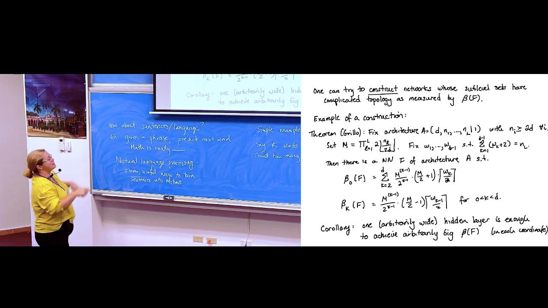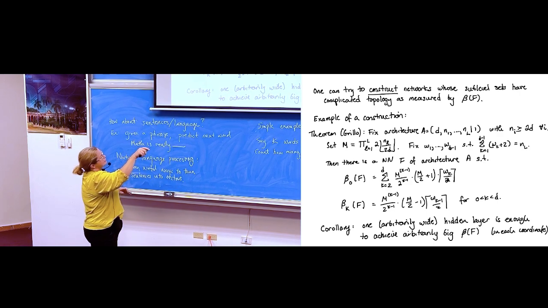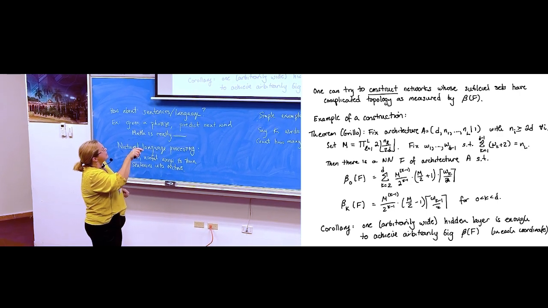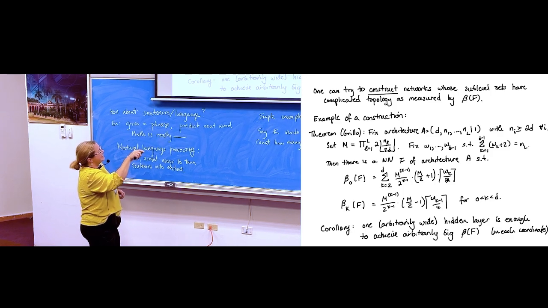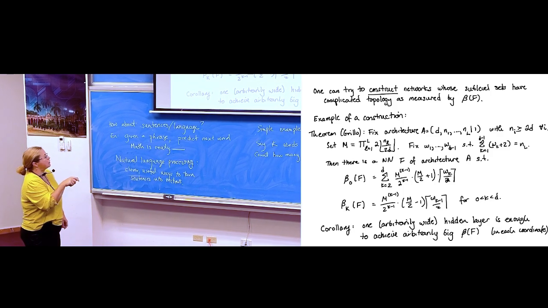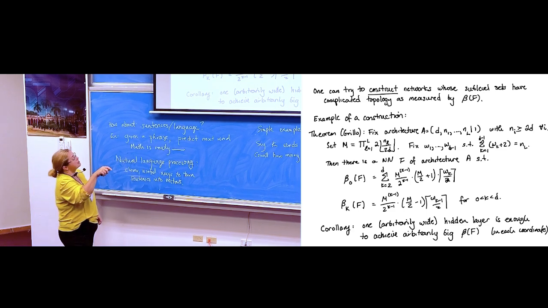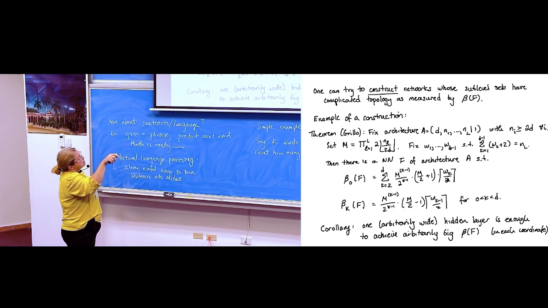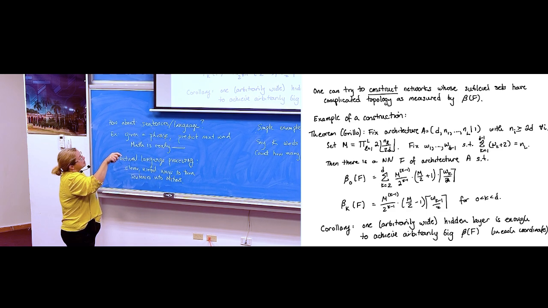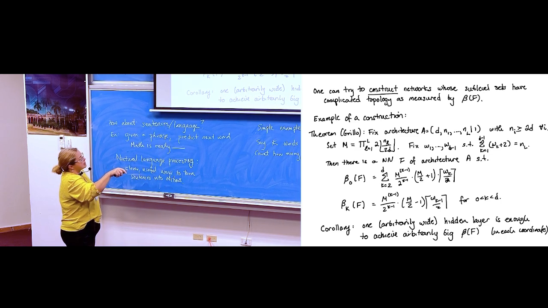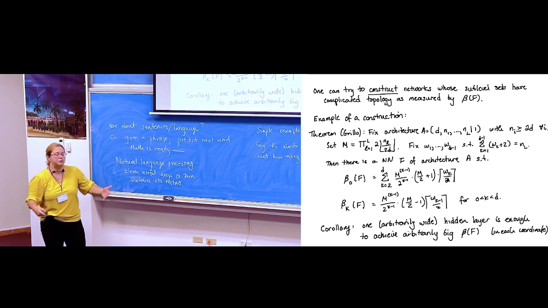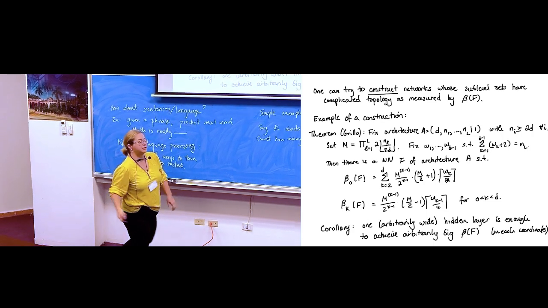I don't know what those are exactly. You can work through it, but the point is that you can make these numbers big. So a corollary is, in fact, if you only use one hidden layer, so d, n1, and then 1, if you make that n1 big enough, you can make this list of Betti numbers as big as you want, in every single coordinate.